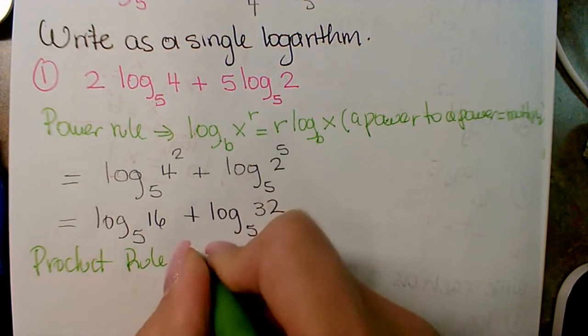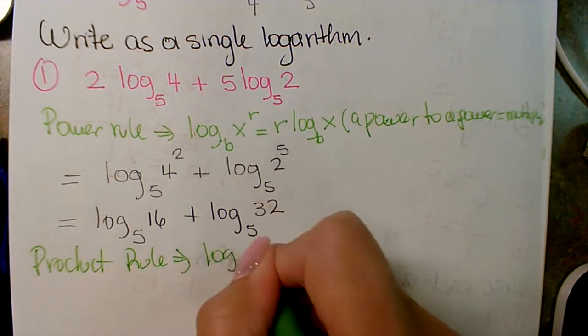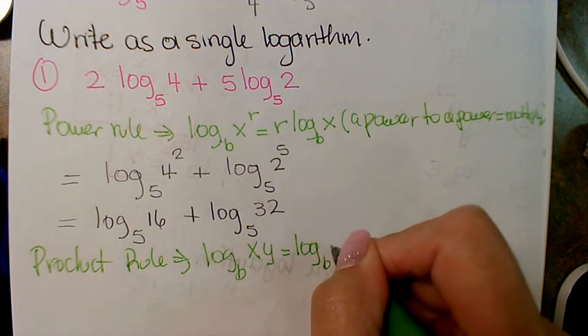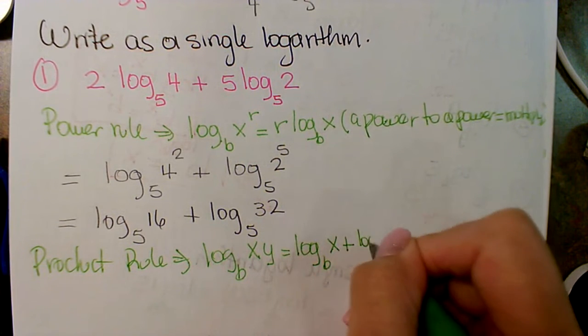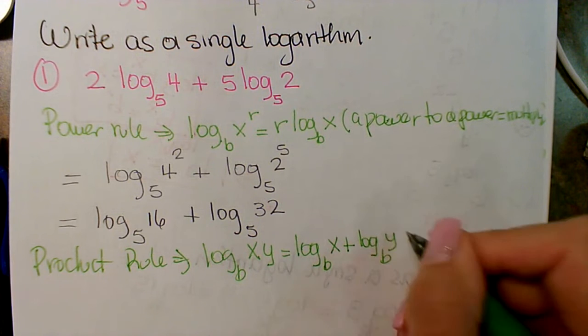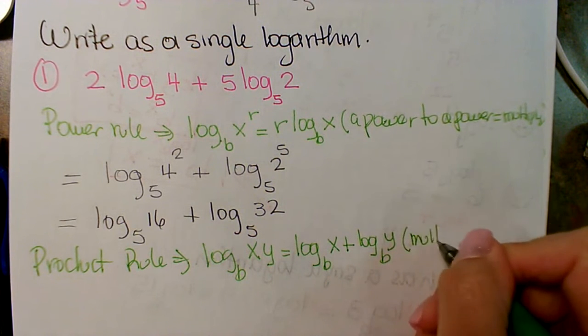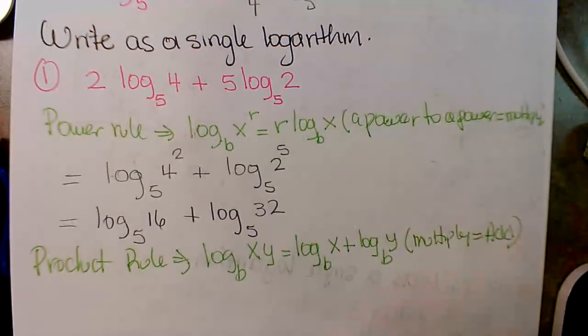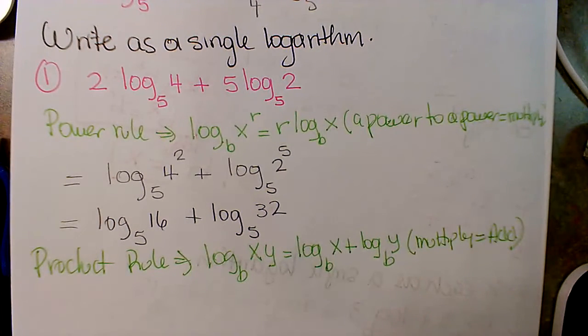That one says that when I have log base b of x times y, this is equal to log base b of x plus log base b of y. This means that multiplied is the same as adding. So let's apply that rule there.